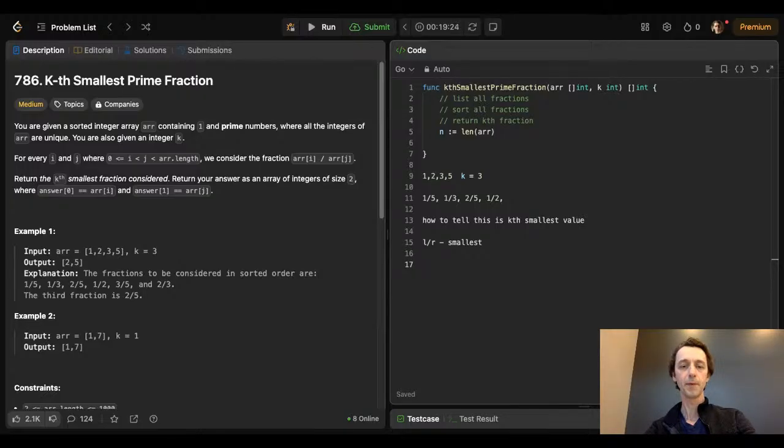But like 3/5. Okay, and the fact that they're primes is probably also giving us something. Well, that tells us that there is no common divisor other than 1.